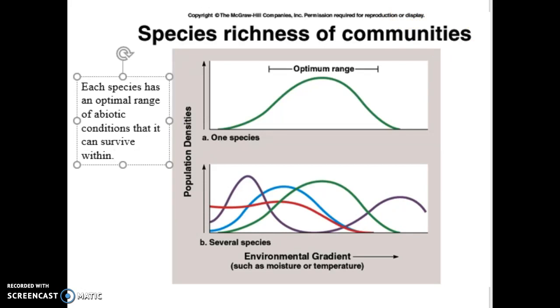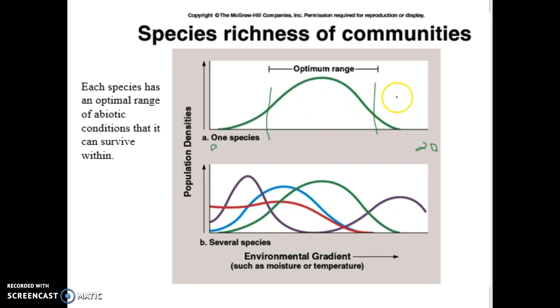Okay, so just a simple example with the diagram here. We have the green species, and its optimum range is kind of between here and here. And let's say we're talking about rainfall. This is 0 inches, and this is at the far end of the spectrum, 20 inches of rainfall in the course of a year.